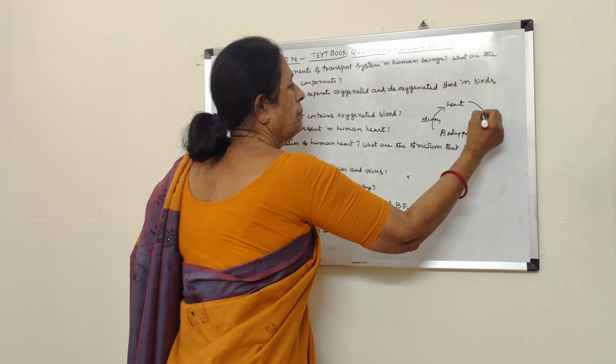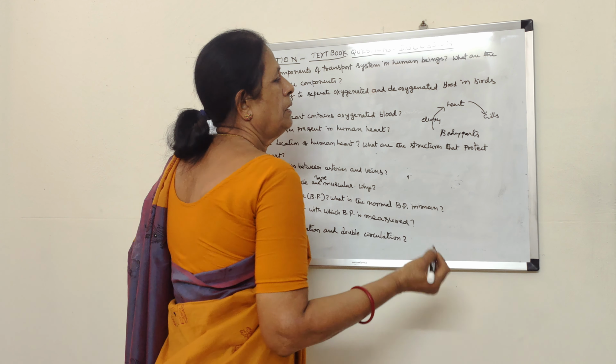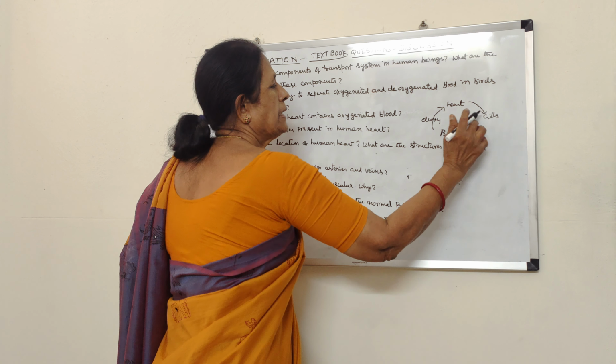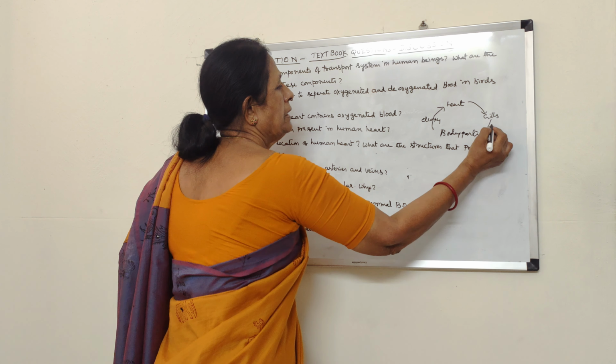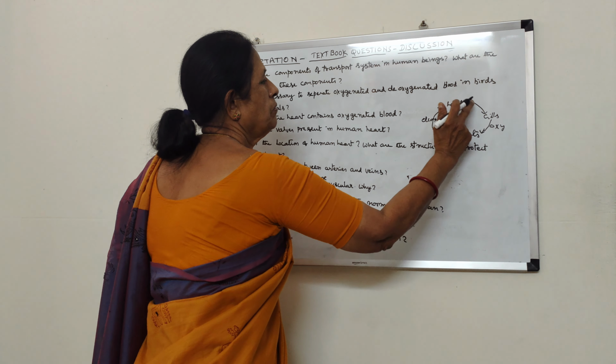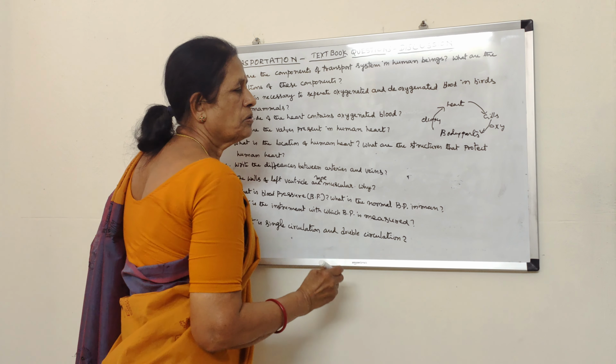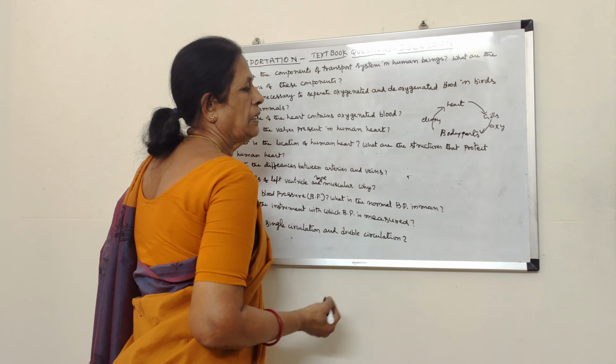From the heart, the blood goes to the gills, which are richly supplied with blood vessels. Here in the gills, exchange of gases takes place, and this oxygenated blood is supplied to body parts. That is single circulation. The blood flows only once through the heart.